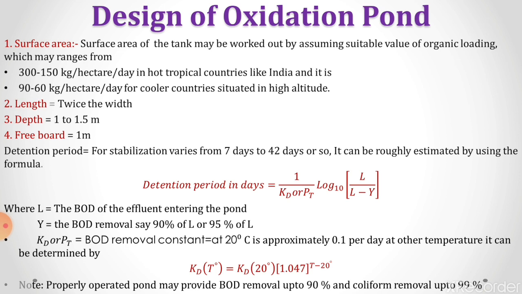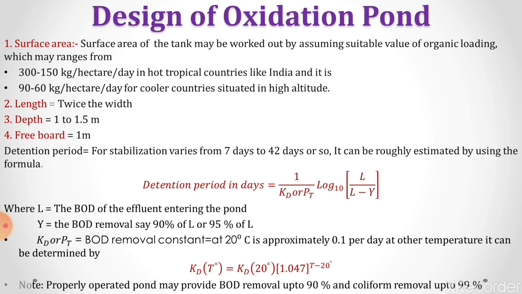It can be roughly estimated by using the formula: detention period in days is equal to 1 divided by KD or PT, you can use any term for this, times log base 10 of bracket L divided by L minus Y bracket close, where L is the BOD of effluent entering the pond, Y the BOD removal, say 90% of L or 95% of L, whereas KD or P suffix D is the BOD removal constant.